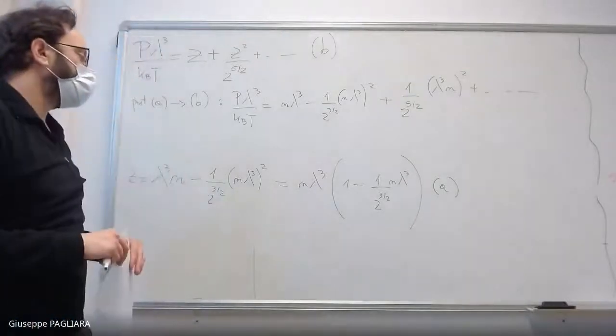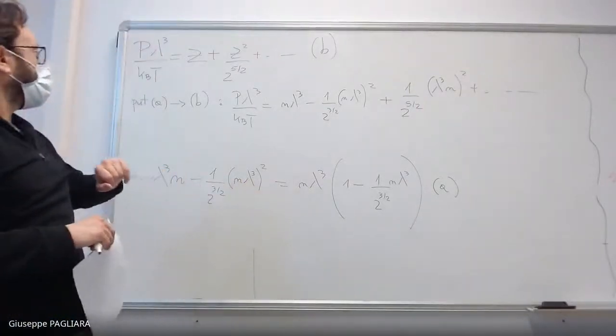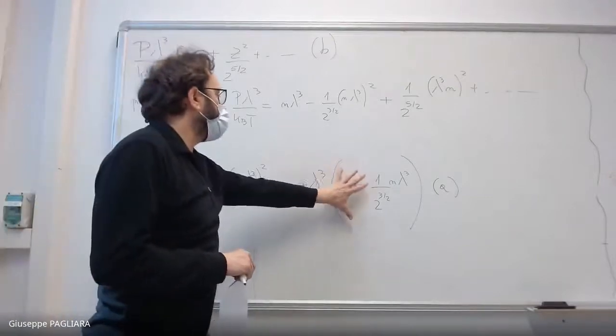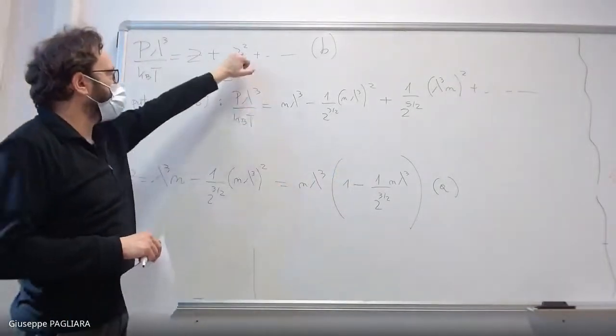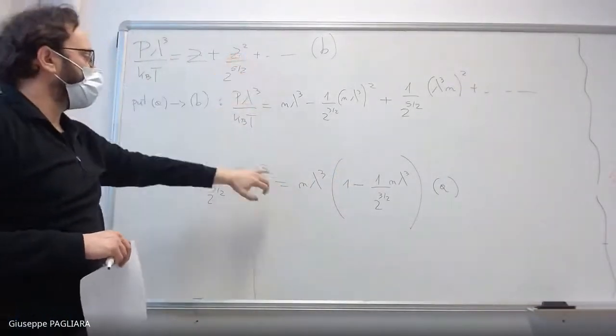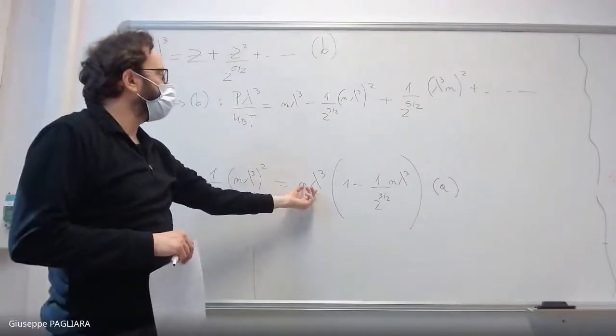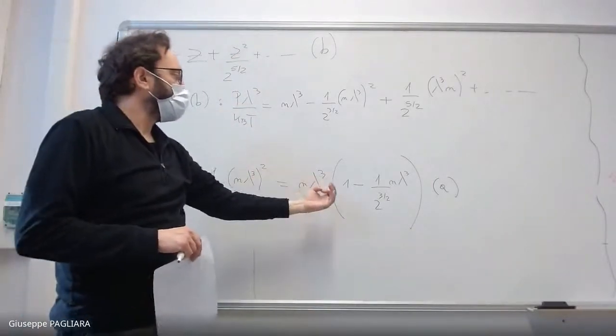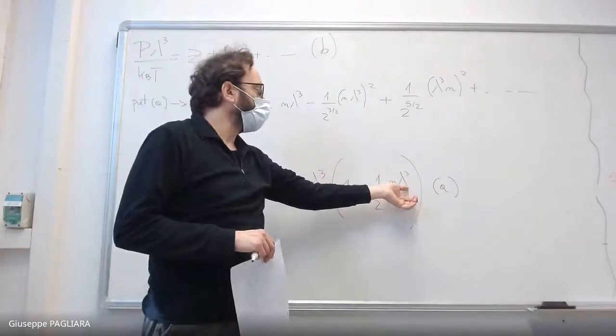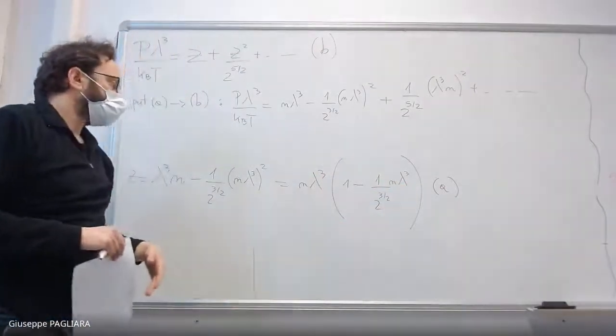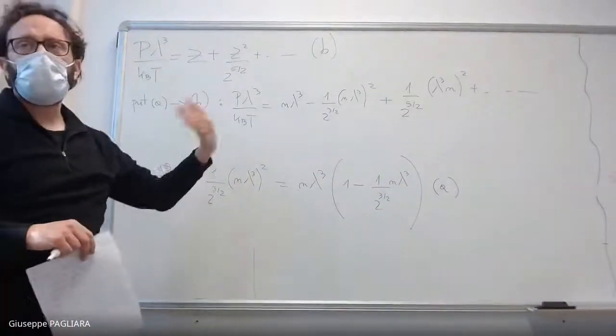Because here, sorry, I'm substituting these into this expression. So the first order is n lambda cubed squared. Then there will be an n lambda cubed to the power of 4.